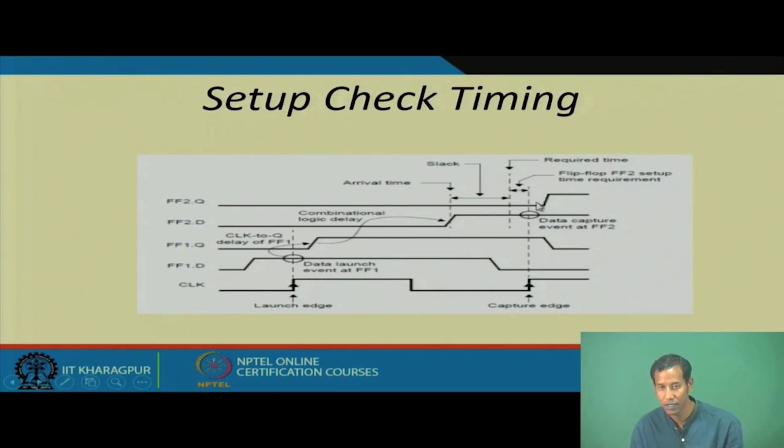This delay is coming because of the clock to Q delay.